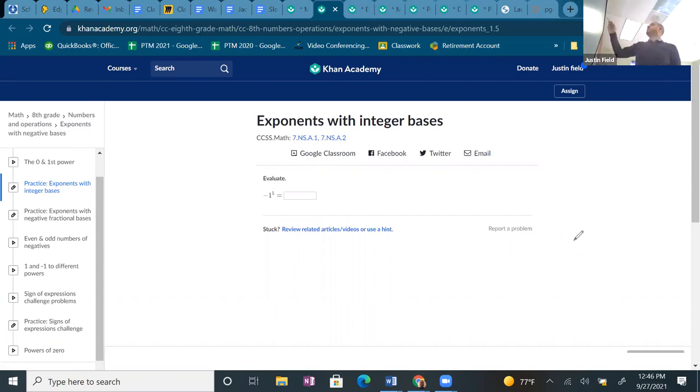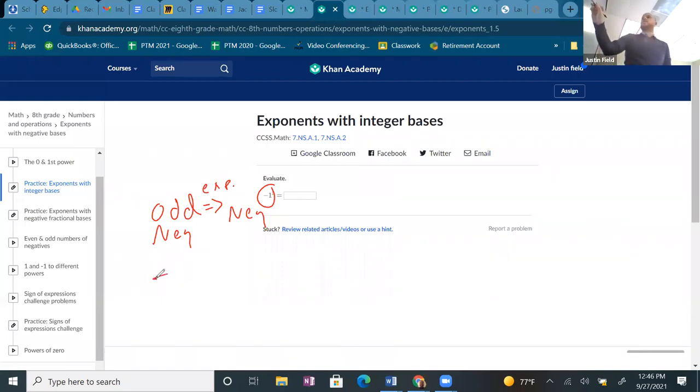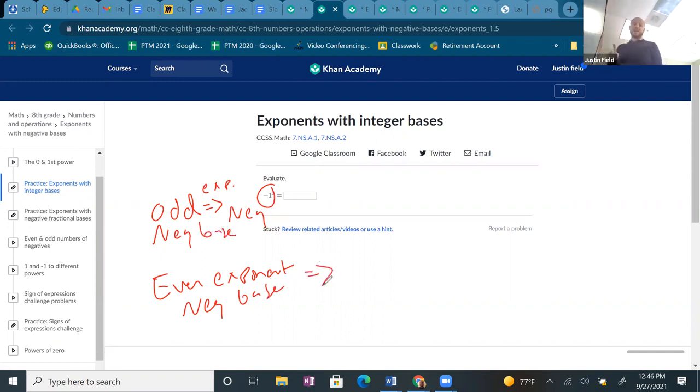Okay, so in exponents with integer bases. An integer is a positive or negative whole number, and what you need to write down is that an odd exponent keeps a negative base negative. But an even exponent, with a negative base, can become positive.